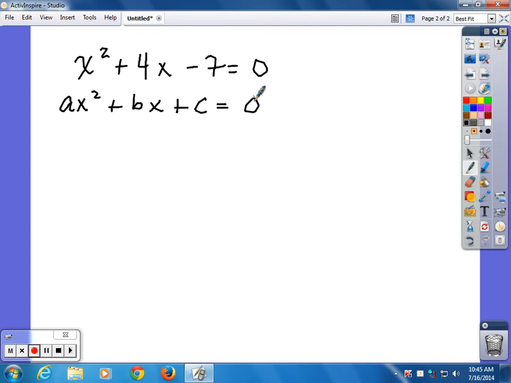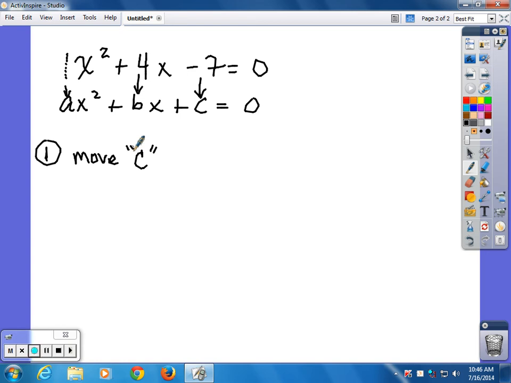And I'm just showing you what's what. That 1 right there, that's your a. That b is 4, and c is negative 7. Now, showing you that, the first thing you do with completing the square is move c. That's the first thing you do.